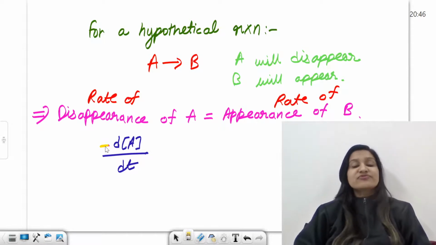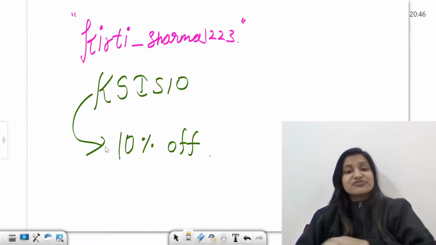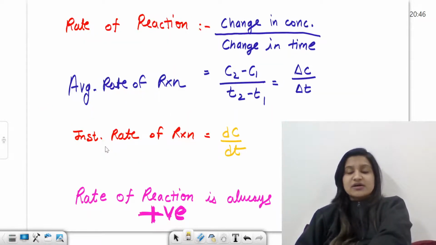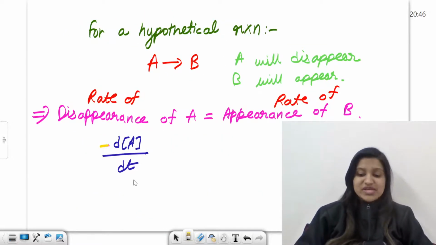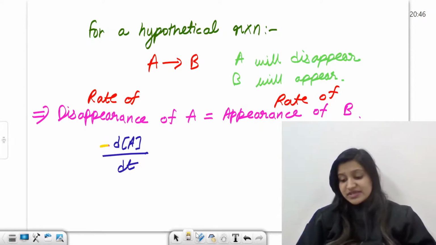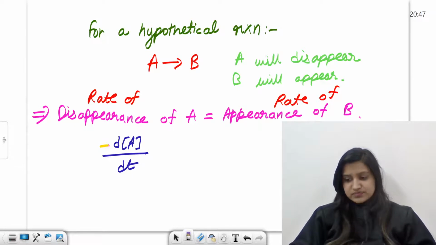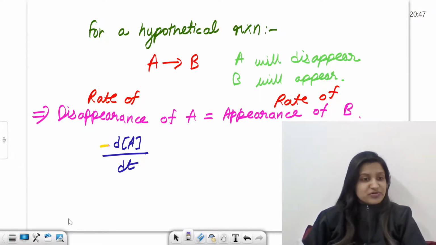So in case of reactant, final minus initial will be negative, and I told you that rate can never be negative. Rate of reaction is always positive. So in order to make the rate of reaction positive, we added a negative over here.